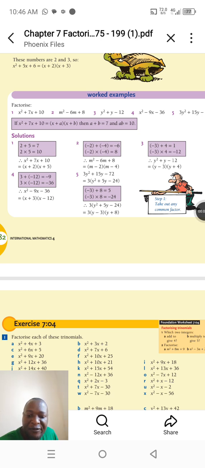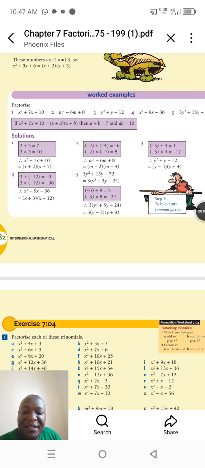So for us to be able to factorize such an expression, we have gotten the numbers as 2 and 5. So we write x plus 2 into x plus 5. We are just using the numbers that we have just gotten. I repeat, for us to factorize x squared plus 7x plus 10, we need to identify two numbers whose product is 10.